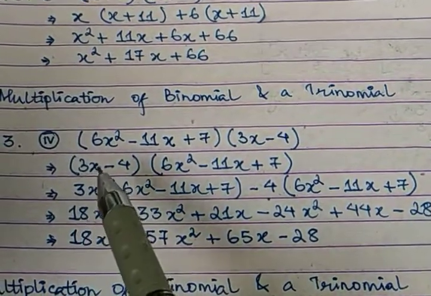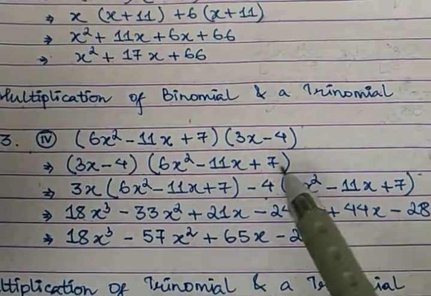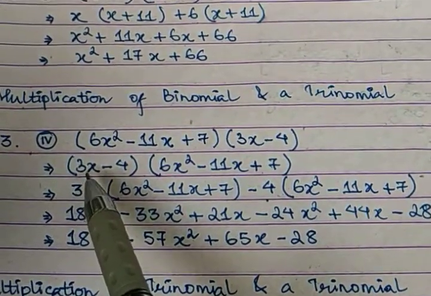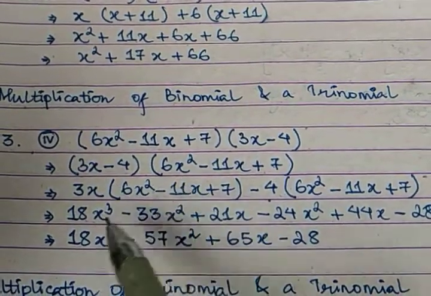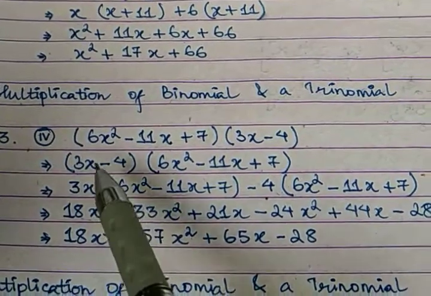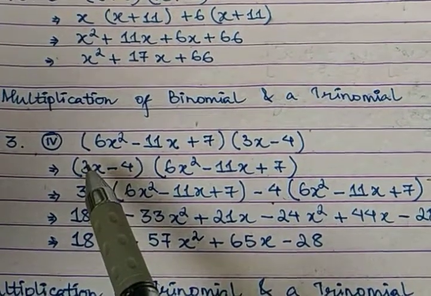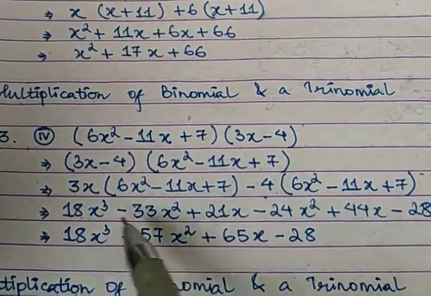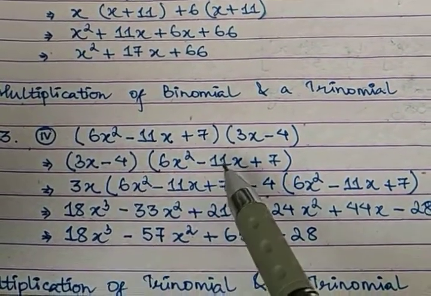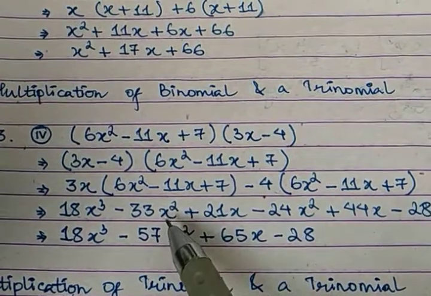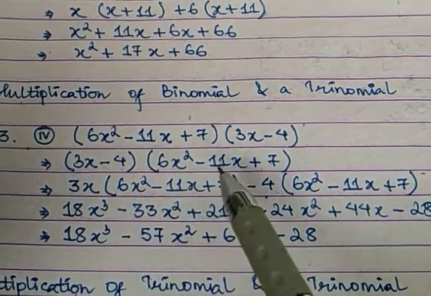What you can do is you can simply pick the first term and multiply all the terms. So see, plus into plus, it's plus 3 into 6, 18x cubed. See, you can see it here as well. If you place the first term and multiply all the three terms, you will get this term. See, plus into minus is minus, 3 into 11, 33x into x squared.